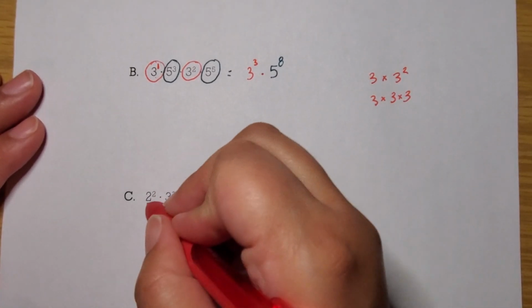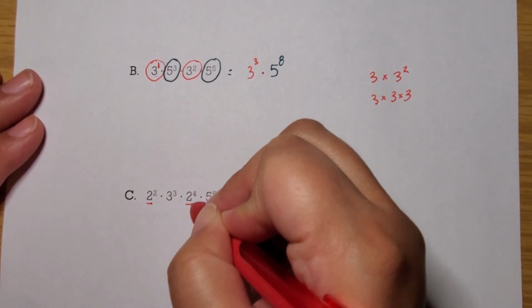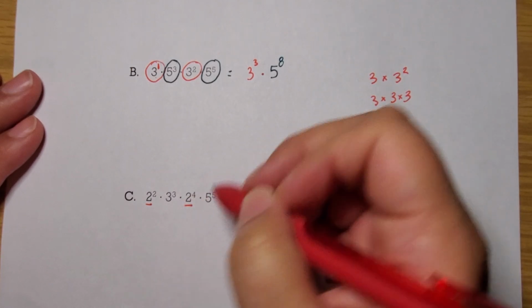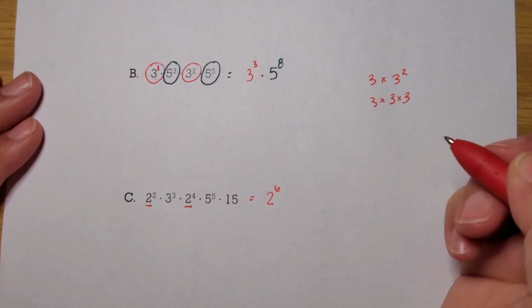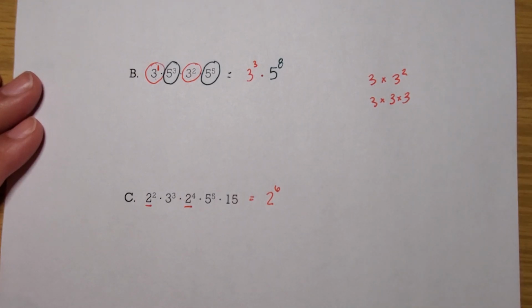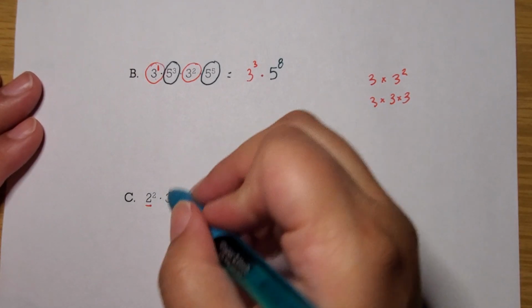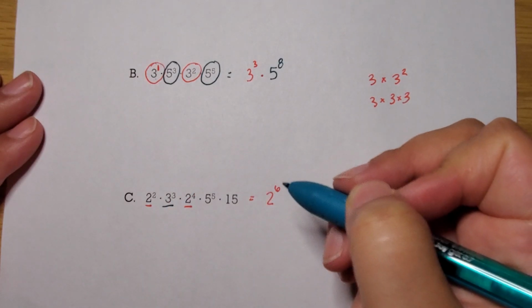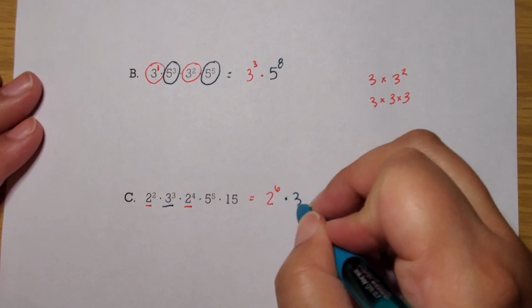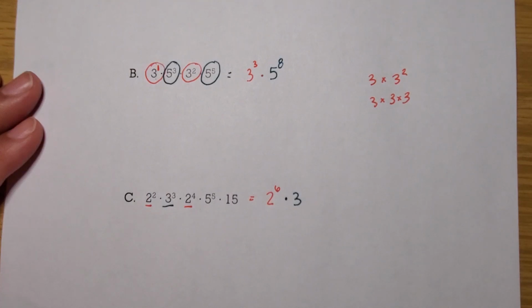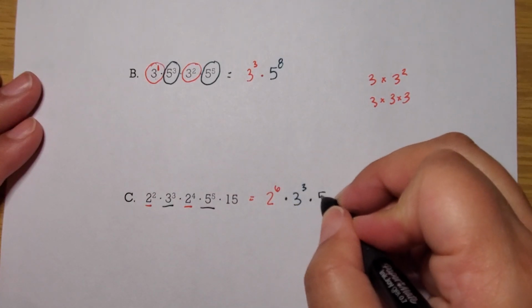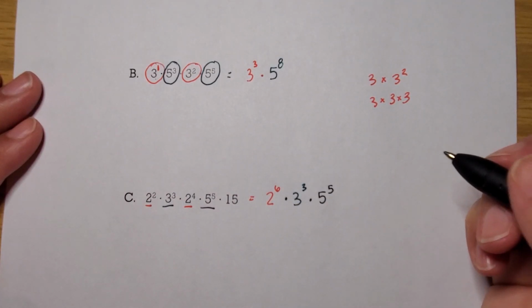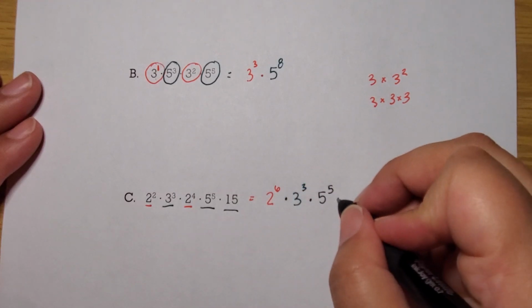Okay, we've got one more to look at. So here I've got 2 squared and 2 to the 4th. So that's going to give me 2 to the 6th. Then I have a 3 cubed. And I've got a 5 to the 5th. And then I've got 15.